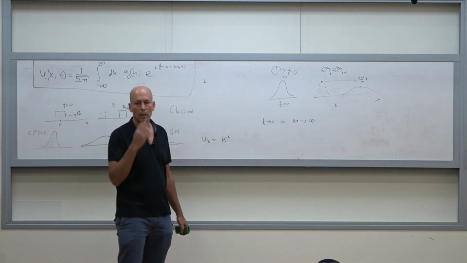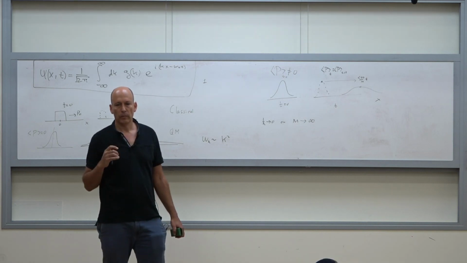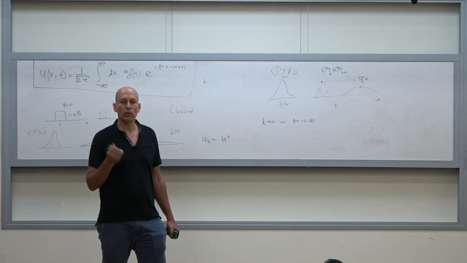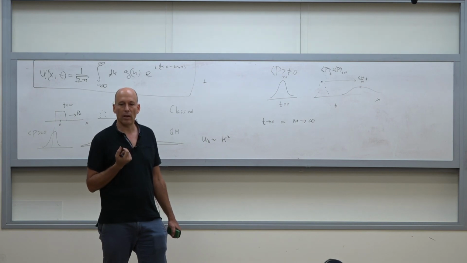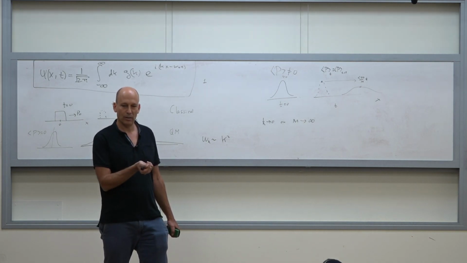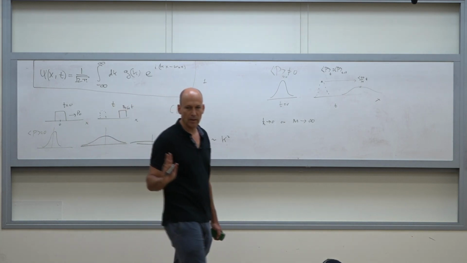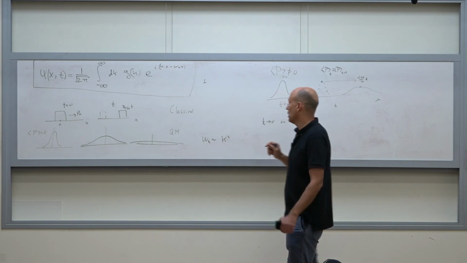Is it a constant? H bar is a constant in the world, but I'm a theoretical physicist. I can do what I want. I can take it to 0. I do that in order to check that I get something sensible. I don't do that in an experiment. Unfortunately, God gave us some h bar, which is fixed, okay? But I can think about this.